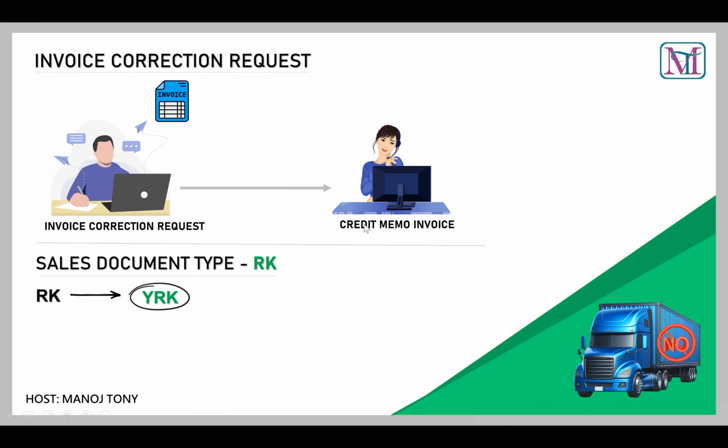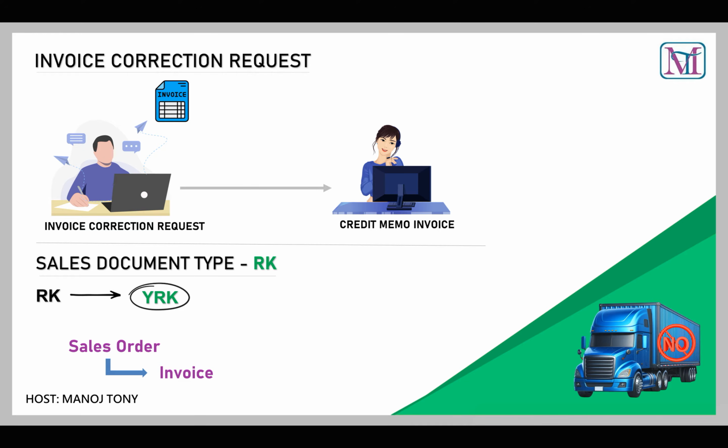Then the process is sales order, invoice correction request. The invoice correction request will be created with reference to the previous invoice. Then credit memo invoice. So this is the process. There is no physical movement of goods. Here we will not do the delivery.